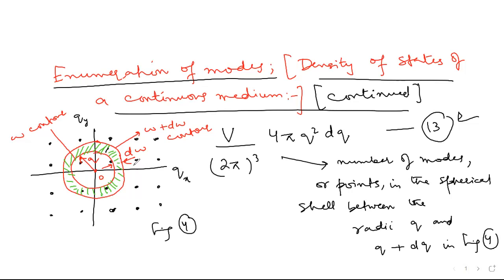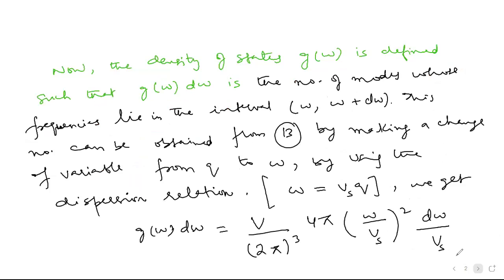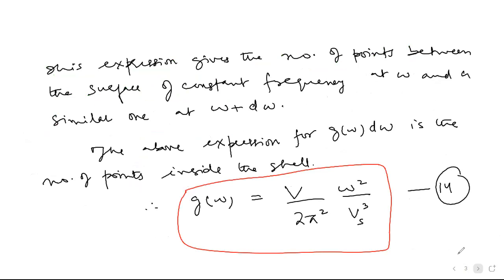I repeat, the increase in the present case is a reflection of the fact that the volume of the spherical shell, which is this, and circle it, increases as omega square, as you see, and hence as omega square, since omega is proportional to q from the dispersion relation. Omega is proportional to q, right?